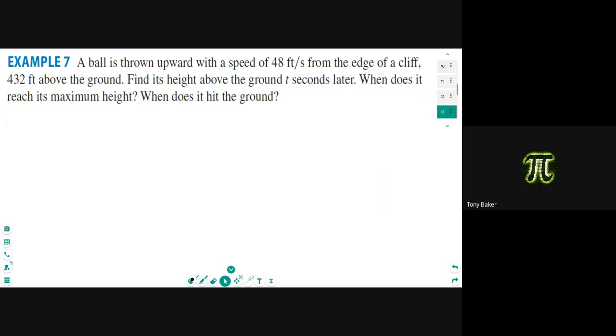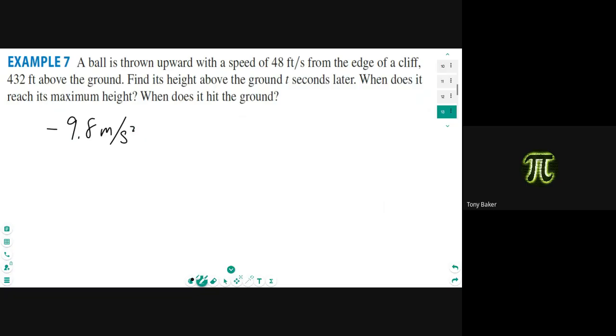The only thing acting on the ball is gravity, right? What is the acceleration of gravity? Negative 9.8 meters per second squared, right?